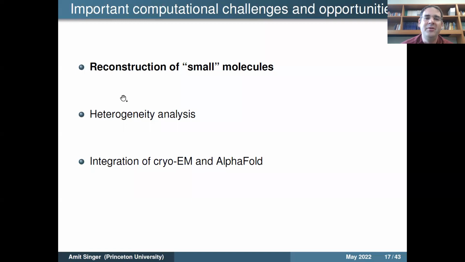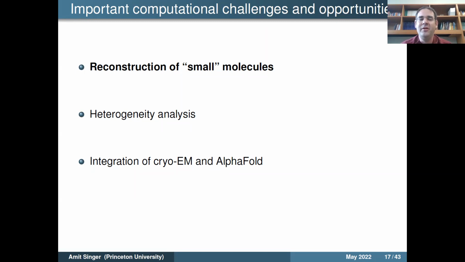There are many interesting open problems related to the heterogeneity analysis. These are like what I told you about different conformations and reconstructing the manifold of conformations. And there are also very interesting questions about how to integrate cryo-EM and AlphaFold.